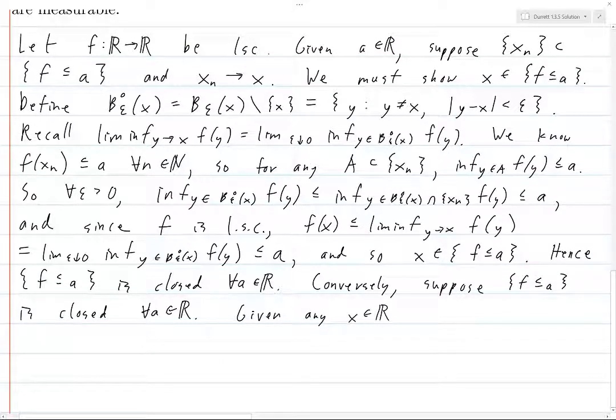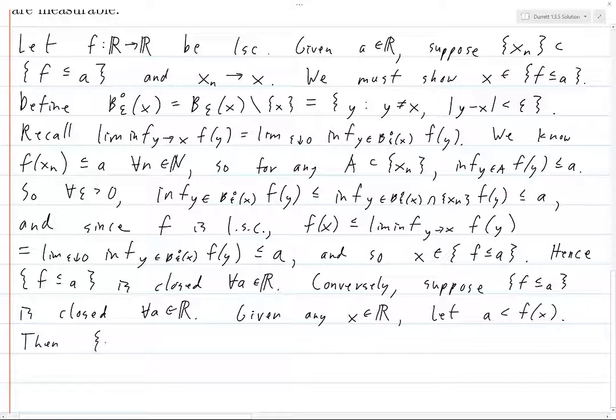We're trying to prove for any x in R that f of x is going to be less than or equal to the lim inf as y approaches x of f of y. So to get to that, given any x in R, let a be some number which is less than f of x.